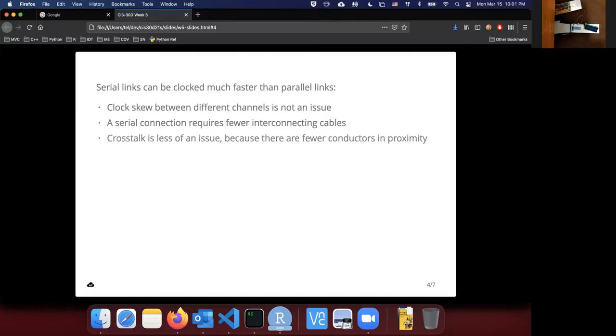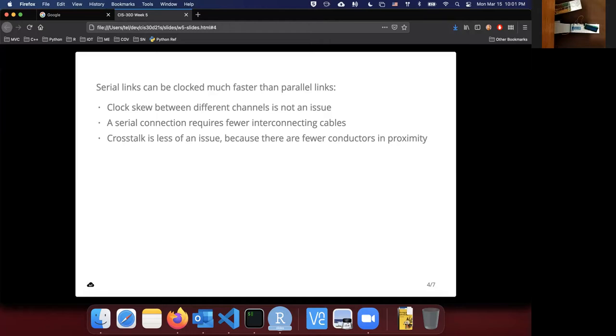Because it has fewer wires, fewer cables, there's less interference from the nearby conductors. That interference is an issue called crosstalk. Your signal could be interfering from one cable to another, which causes inaccuracies or errors in the data transmission.